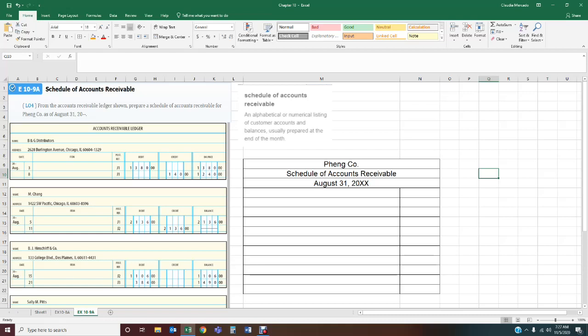As B&G Distributors either buys on account by debiting or makes payments by crediting, this little ledger is going to keep track of the balance for this customer. And we keep the balance for each customer separate. For example, M. Chang bought on account $2,136.